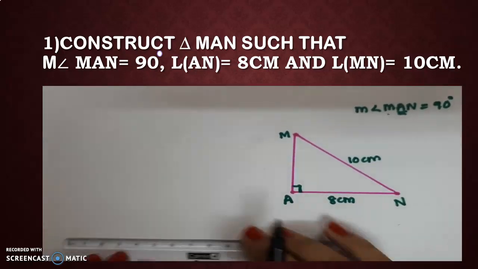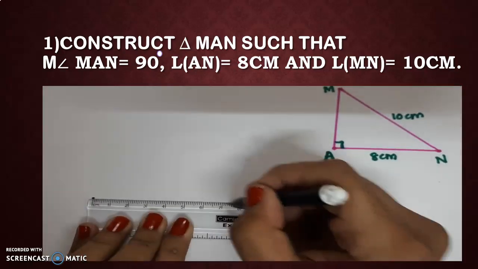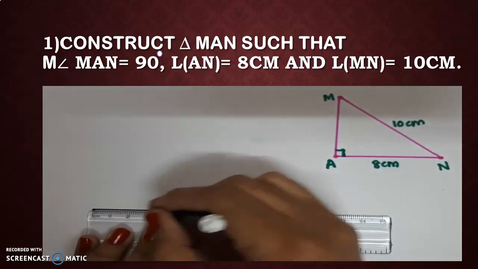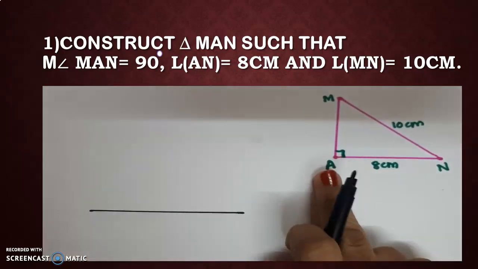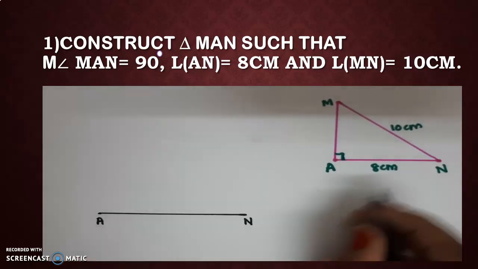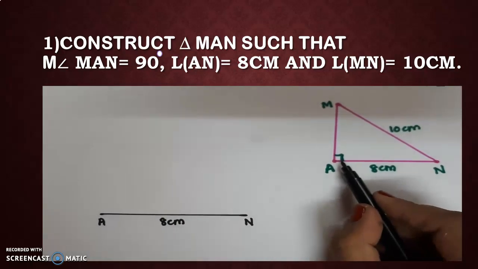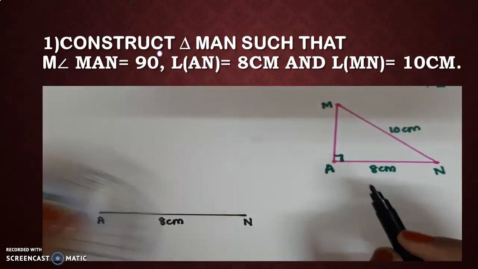AN is given as 8 centimeters. So with the help of scale and pencil, we will draw one segment of 8 centimeters. We write A here, N here, and give the measurement 8 centimeters. Then we will draw angle A, which is 90 degrees.